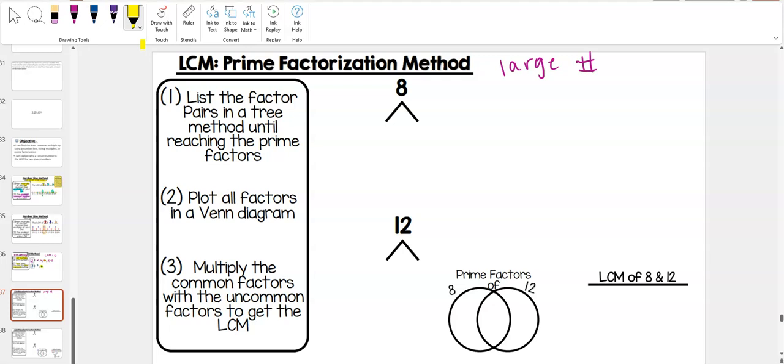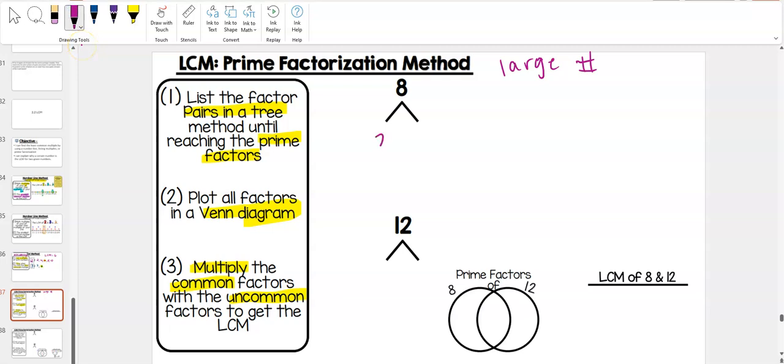So same thing as before, we're going to get all of those prime factors by using a factor tree. Then we're going to put them in a Venn diagram, and then we're going to multiply basically the common and uncommon factors. And I'll show you what that means, but we're basically going to multiply any number we put in our Venn diagram. Okay.